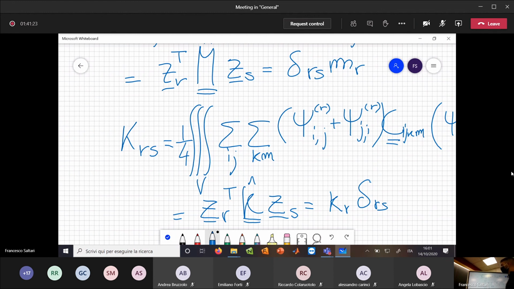The first by solving the eigenvalue problem, and then in a parallel way we were able to obtain these two matrices by projecting the density, applying the definition that the component of the mass matrix can be obtained by projecting the density on the mode shapes, and similarly we got the components of the modal stiffness matrix in the same way.